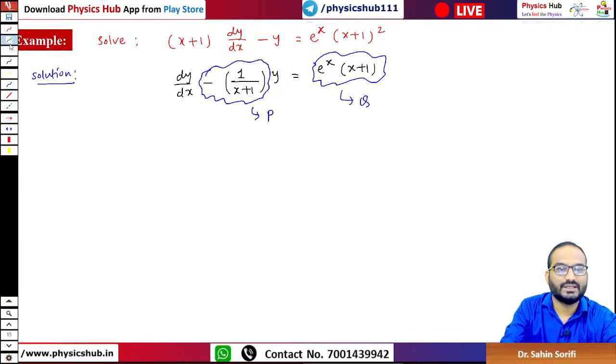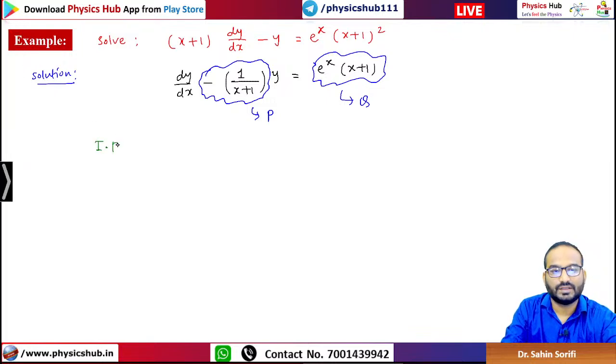So what is the integrating factor then? Integrating factor is e to the power integration p of x dx, so integration of minus 1 upon x plus 1 dx. So e to the power minus log of x plus 1, you can also write ln.